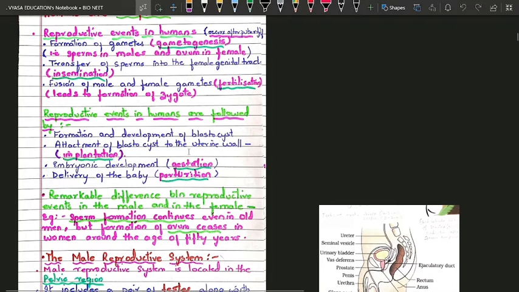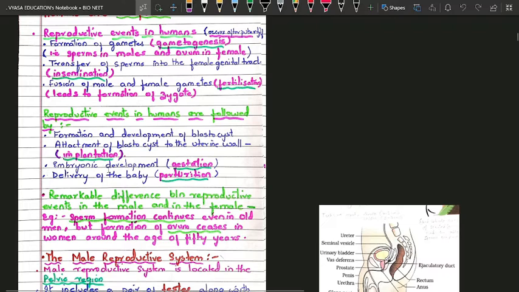And when the blastocyst gets attached to the uterine wall, it cannot go out, isn't it? It is totally adhered to the uterine wall. It is called implantation. Next is embryonic development. After implantation, when the blastocyst gets attached to the uterine wall, it starts growing.